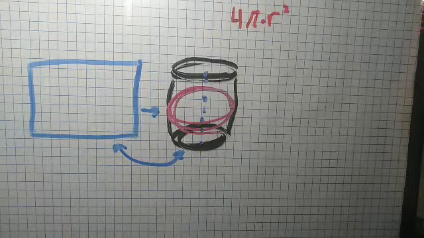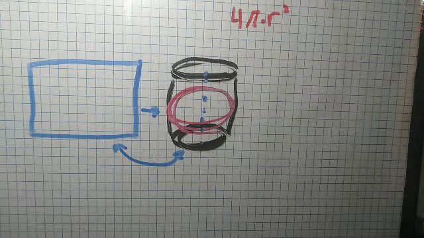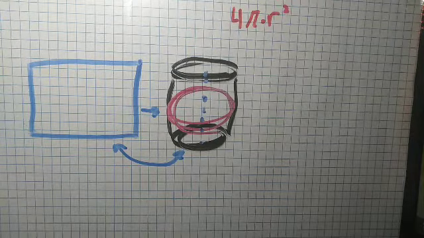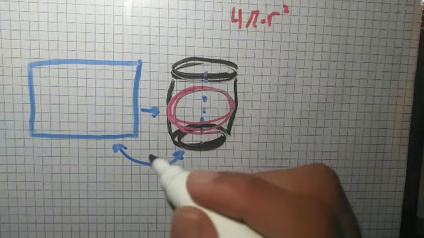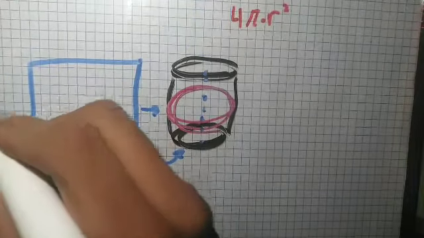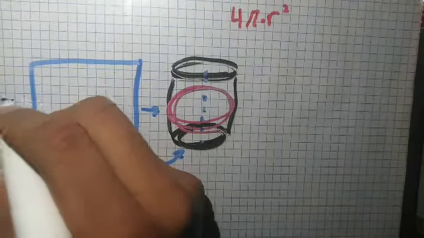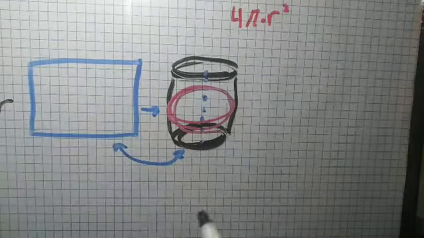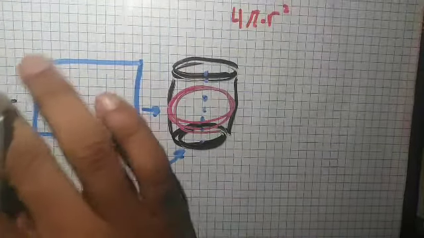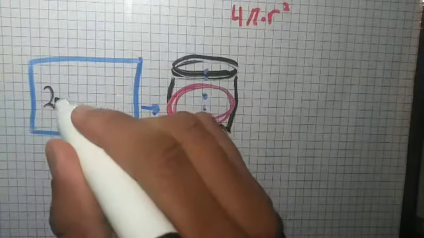Now, what variables can we substitute this for? Let's see. Well, the height is going to be 2 radii. Height is going to be 2 radii.